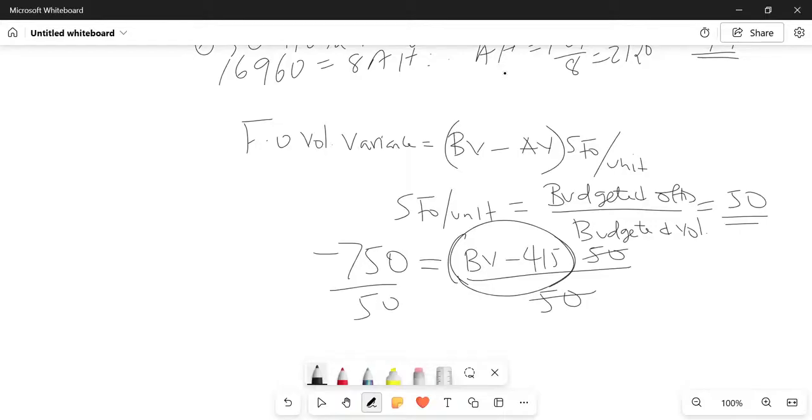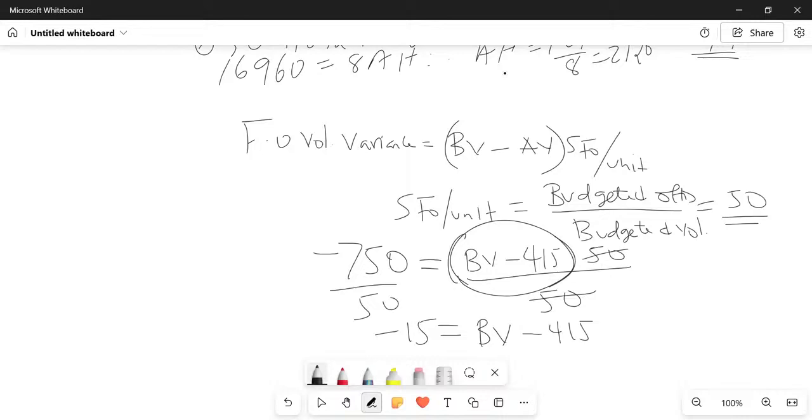Minus 750 divided by 50 gives me 15. So budgeted volume minus 415, like that. So then budgeted volume will be equal to 430? What a lie. It's 400, isn't it? Because when this crosses over, it will be minus 15 plus 415, which gives me 400. So budgeted volume is 400.